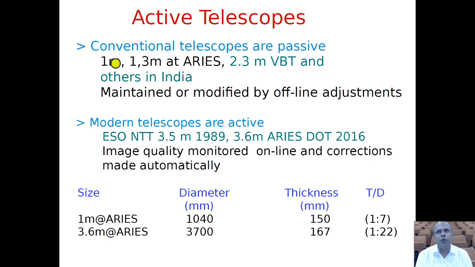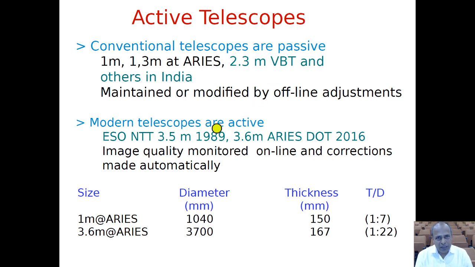For example, the 104 centimeter Sampurnanand telescope at ARIES, and the 1.3 meter optical telescope set up very recently in 2010. Even the 2.3 meter Vainu Bappu telescope at Kavalur in India is a conventional passive telescope. These telescopes are maintained or modified by offline adjustment of the primary and secondary mirrors.